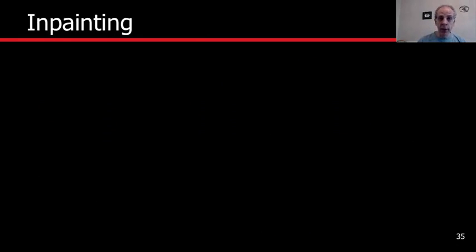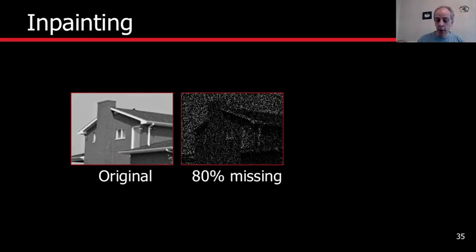Now, we can also do inpainting with this. Inpainting is a particular example of noise where the noise is so strong that it makes some pixels disappear. And there are many ways of defining the types of challenges of inpainting. One of them is to take the image and just drop 80% of the pixels.